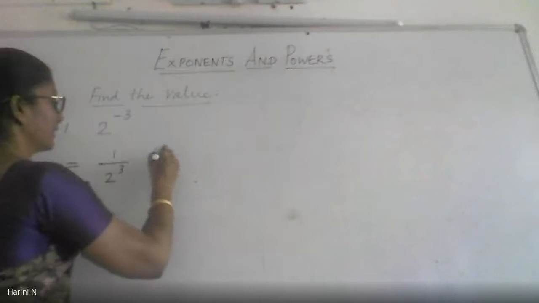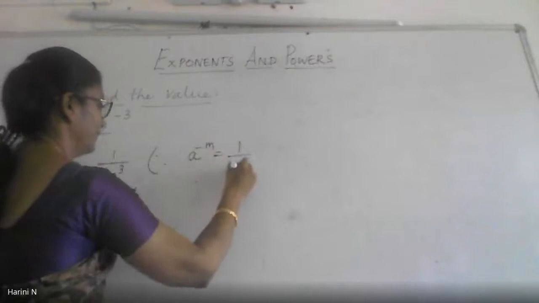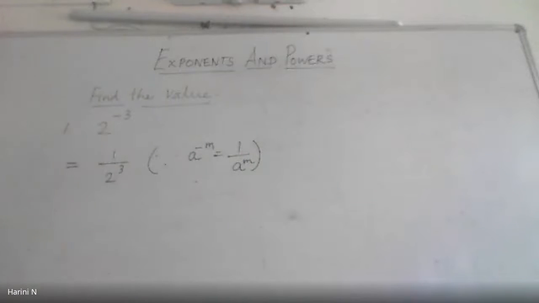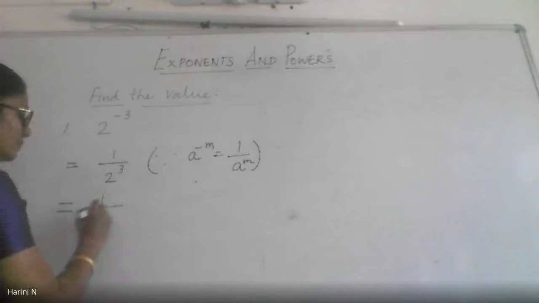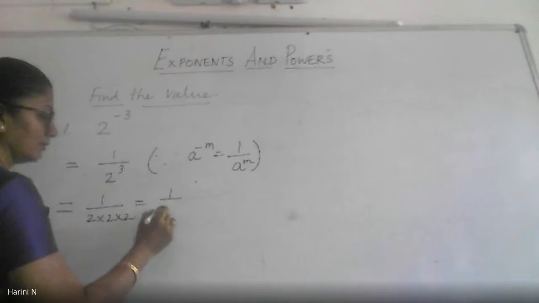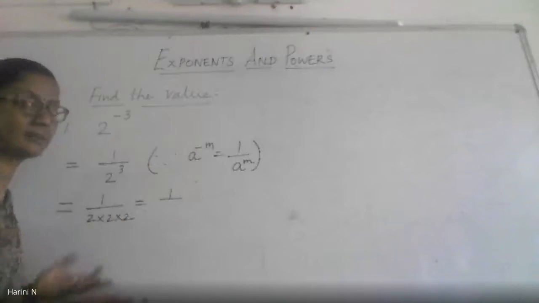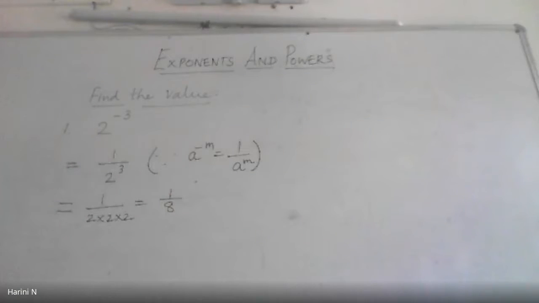Within brackets you will write, since a to the power negative m equals 1 by a to the power m. Always you must give why this was written, because you have used this law. Alright? Now you know what is 2 cube. 2 into 2 into 2. What is 2 into 2 into 2? 8. So 2 to the power negative 3 is equal to 1 by 8. This is how you solve the problem.